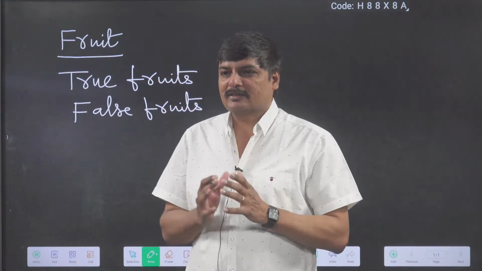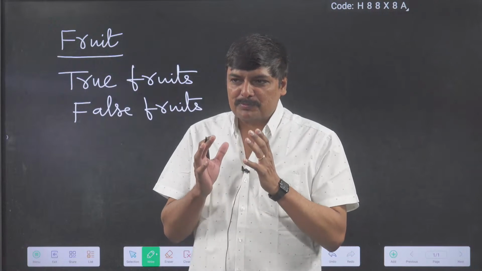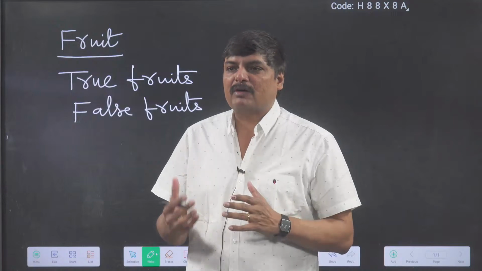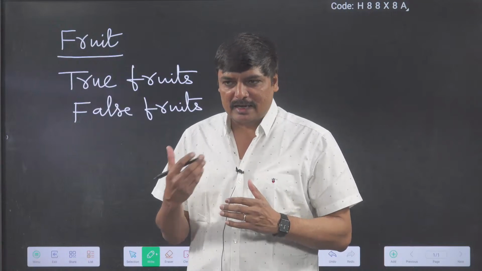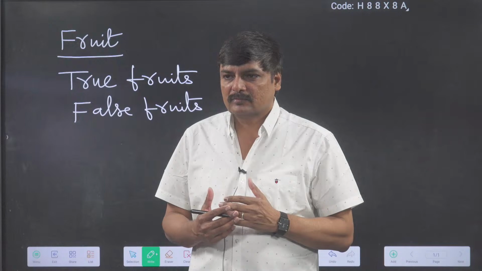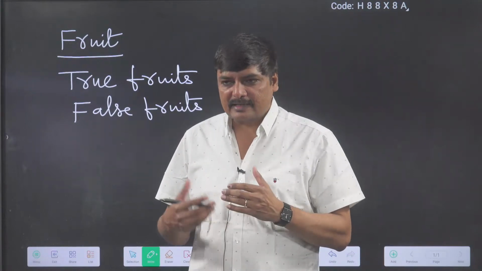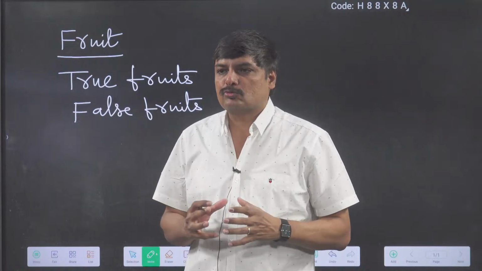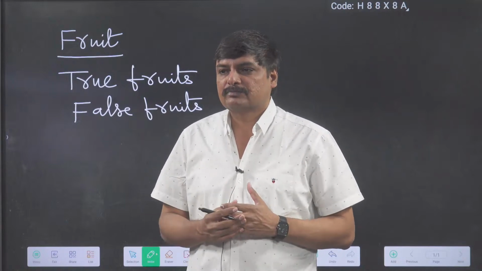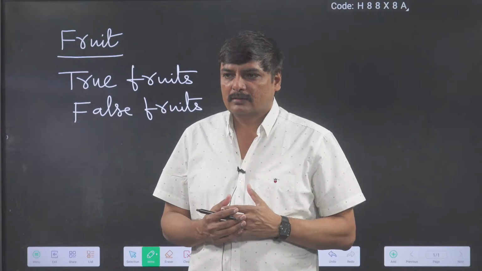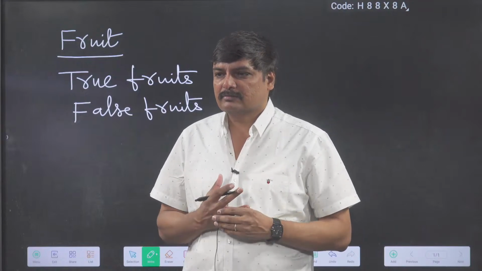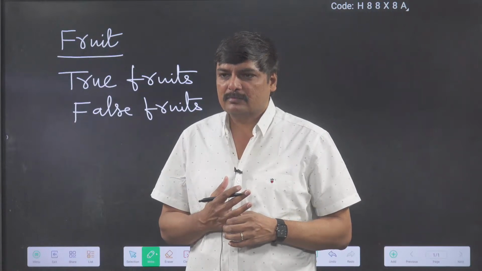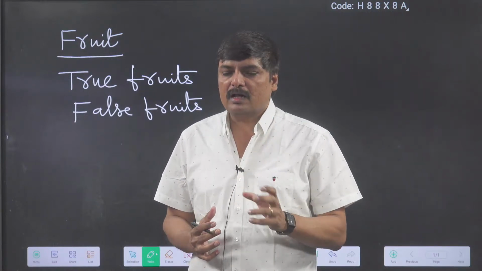A fruit which develops from other parts of the flower, such as thalamus, calyx, etc., along with the ovary, is known as false fruit. Yes, absolutely right. So, false fruit develops from other parts of the flower along with the ovary.